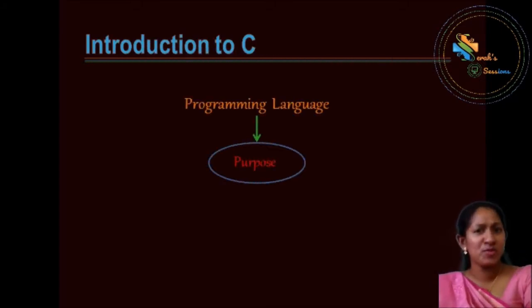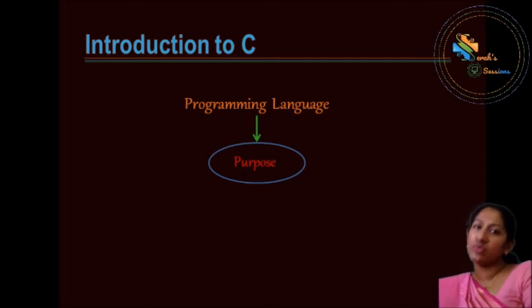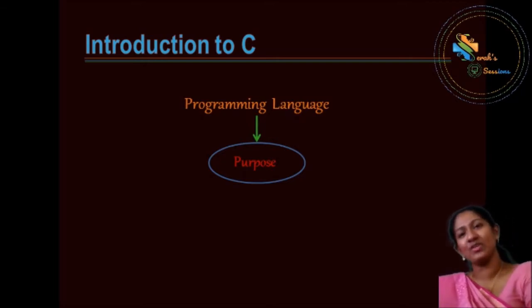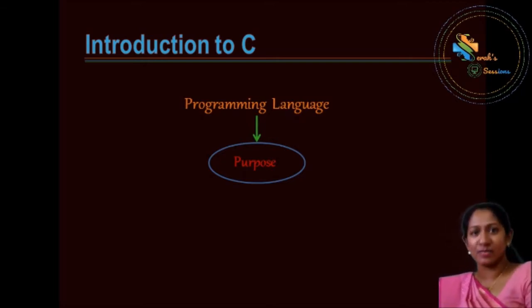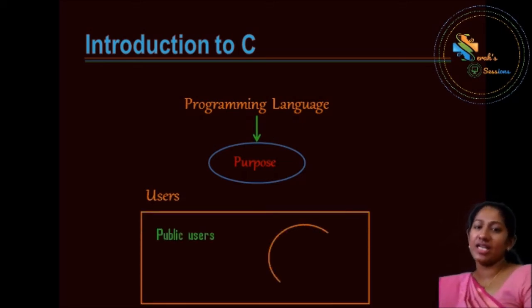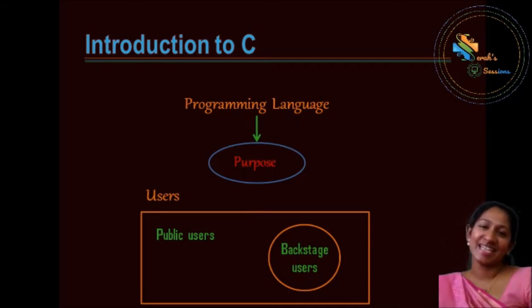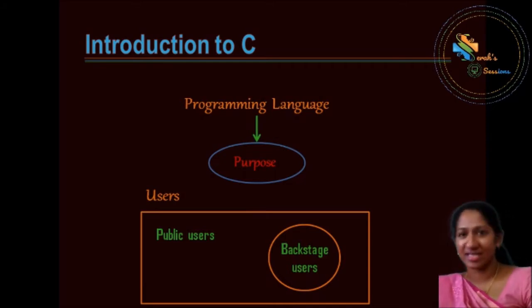What is the purpose of programming language? Before moving on to the purpose of programming language, since I told that a programming language is used between a user and a computer, I would wish to categorize users into two. Users can be mainly categorized into two, and that is public users and backstage users.